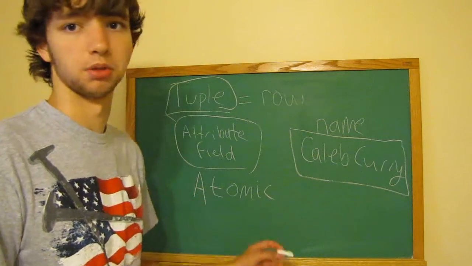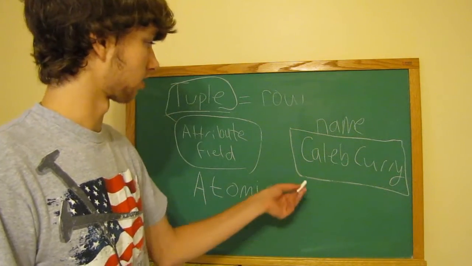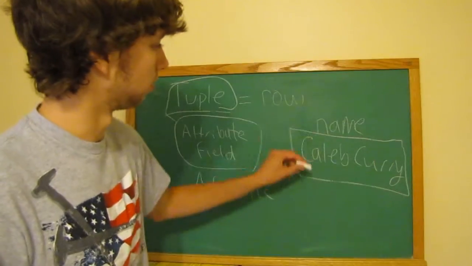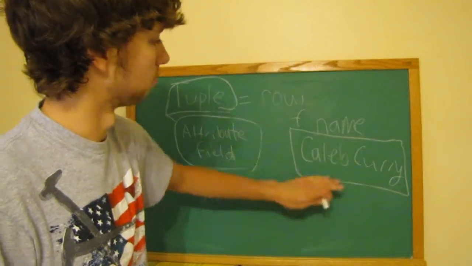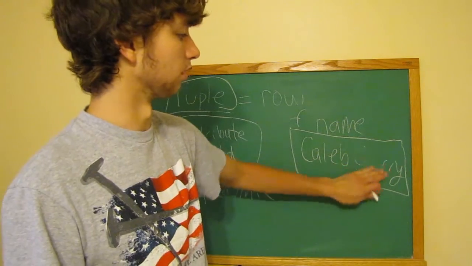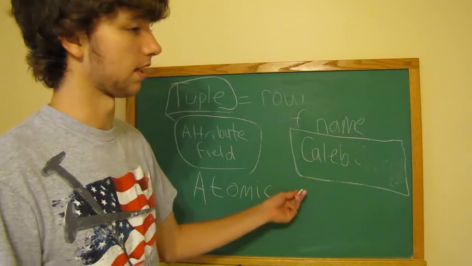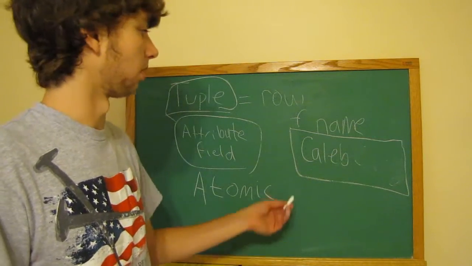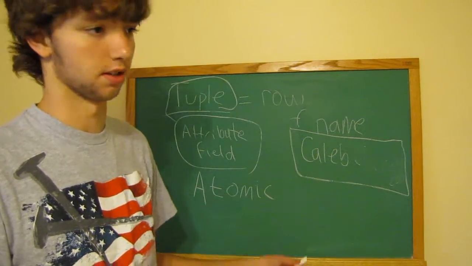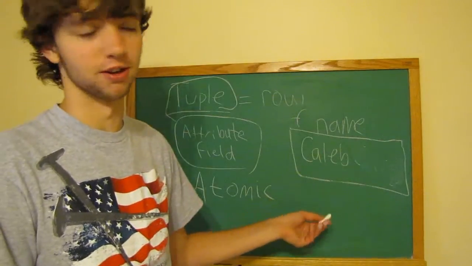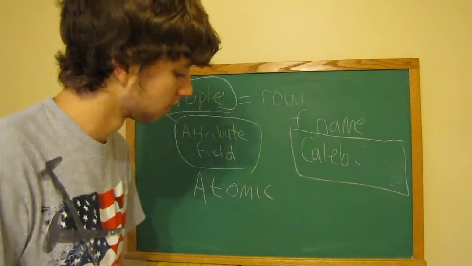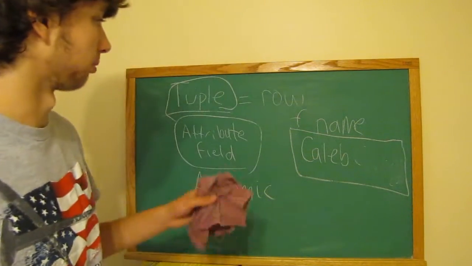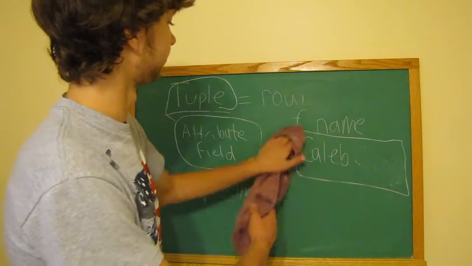Atomic means you cannot break it up any farther. So if you wanted to make this atomic, you would make it first name and have that as Caleb. Then you have another one, last name, and have that as Curry. That's as low as you can go. I mean, obviously you're not going to break it up into letters, like first name's first letter. That's crazy. So that is what atomic means. It means you can't break it up any farther.